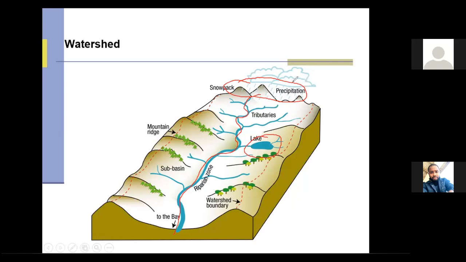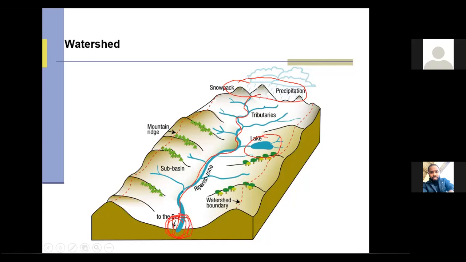But typically, for us anyway, it's all coming from some sort of snowmelt or precipitation. All that precipitation falls on all that land, which is called the watershed, and it's going to flow to a certain point. This is the point here. All that water, whether it's precipitation or all these little creeks and streams and lakes, all ends up here.